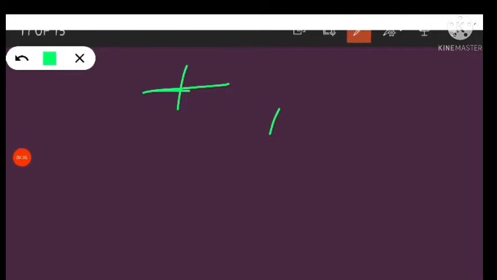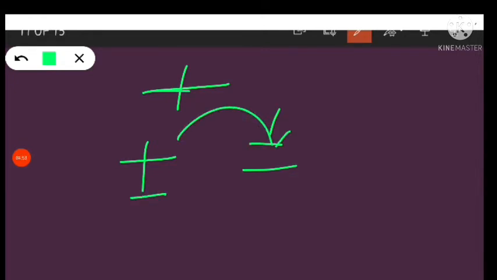But in subtraction of algebraic expressions, the sign of the second expression, whether plus or minus, matters. If a term in the second expression has a plus sign, then it should be converted to minus to subtract. And if a term has a minus sign before it, this minus sign will become plus to subtract. Please remember these two points.